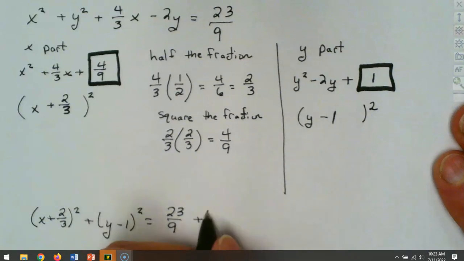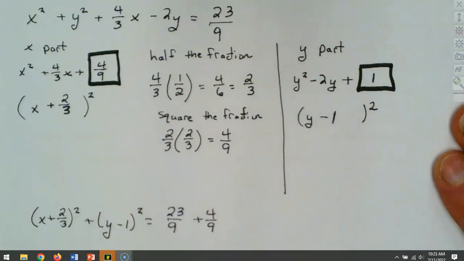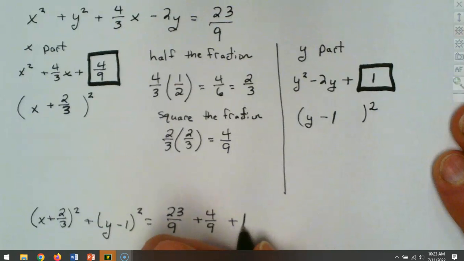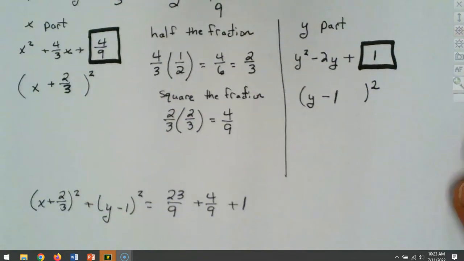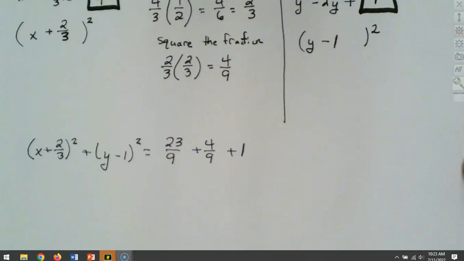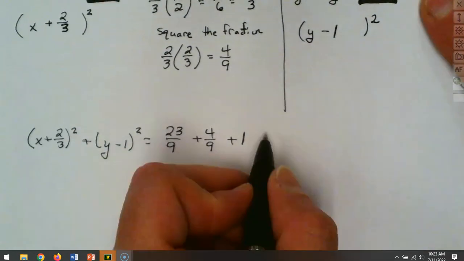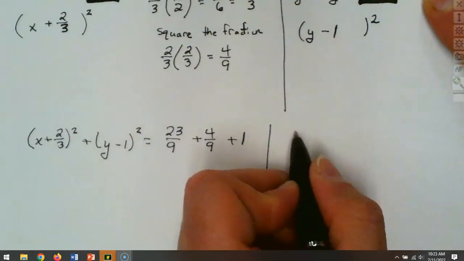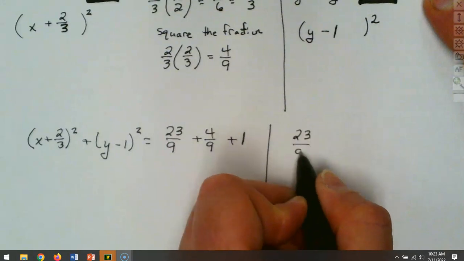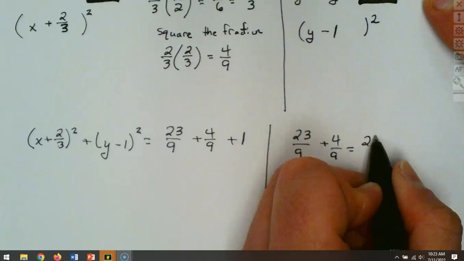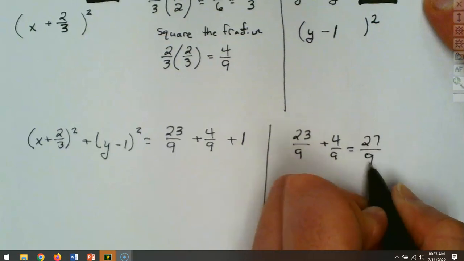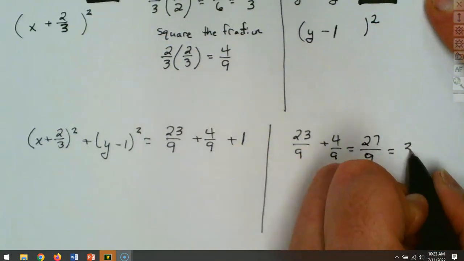And we're going to add in 4/9, and then we're going to add in 1. If you need to, just do the 23/9 over to the side. Okay, 23/9 plus 4/9, well, that's 27/9, and that comes out to be 3.